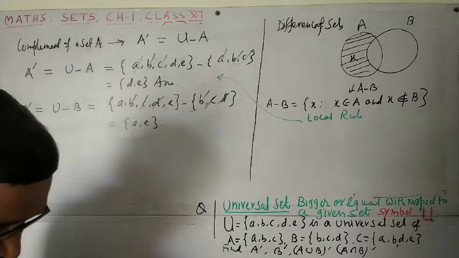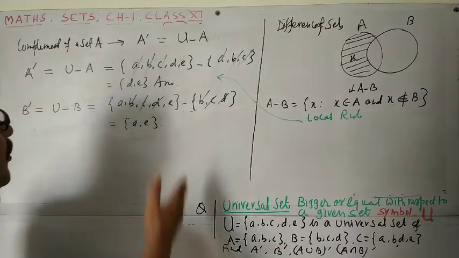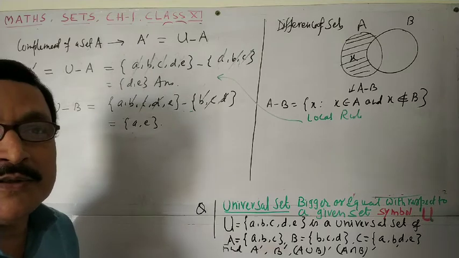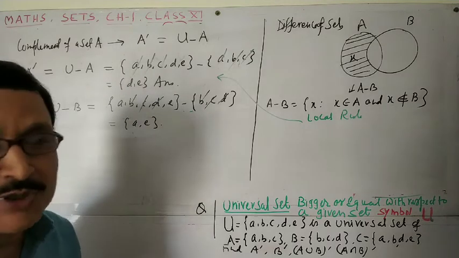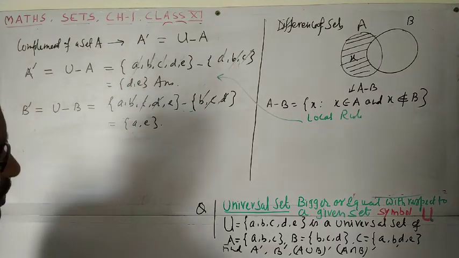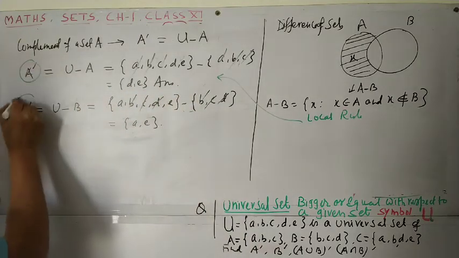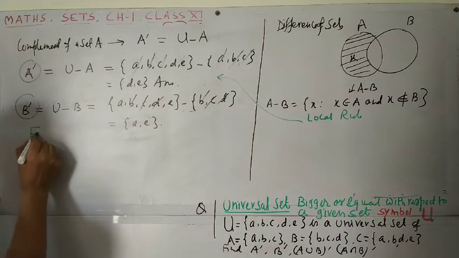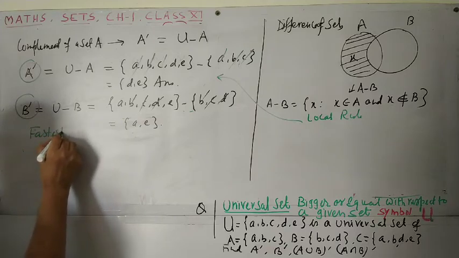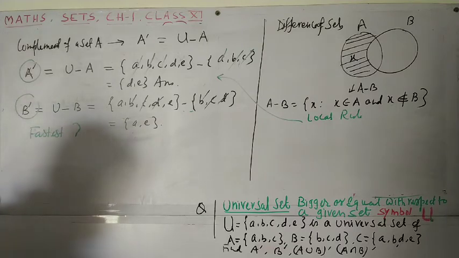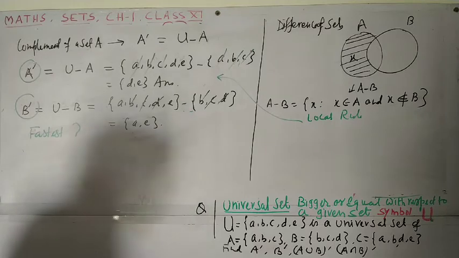Now students, this is also not very easy and less time taking. One more, the fastest rule, I am going to teach you: what is A complement, and what is B complement. The most fastest rule you are going to learn.